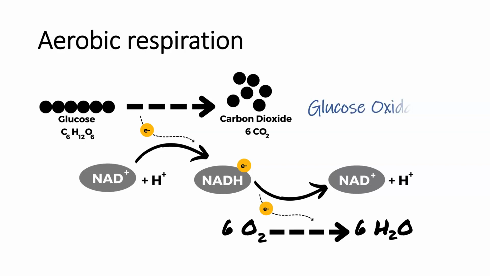Eventually, those same electrons are passed to molecular oxygen during oxygen reduction. By the end of this video, you should be able to see how these two processes come together to help make ATP for the cell.